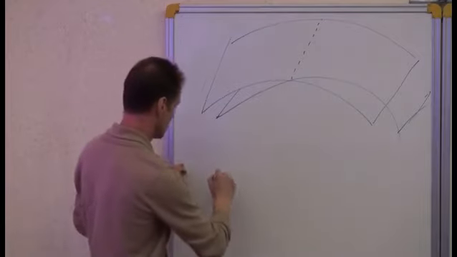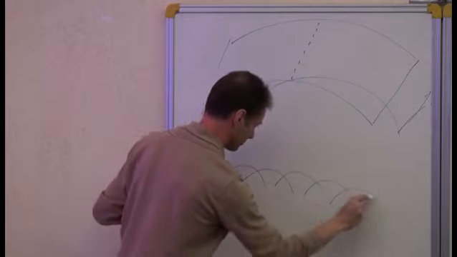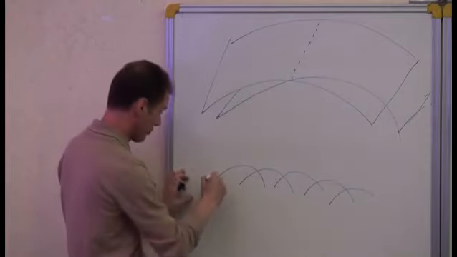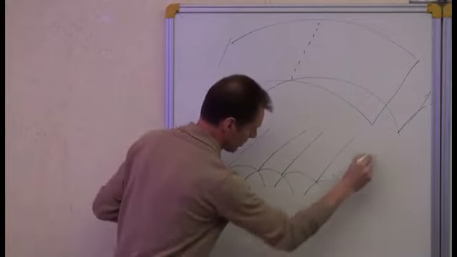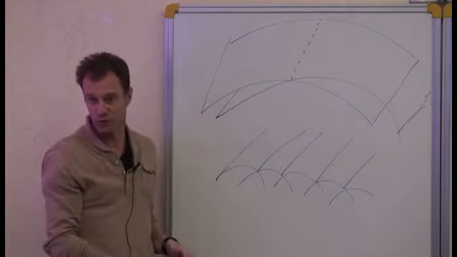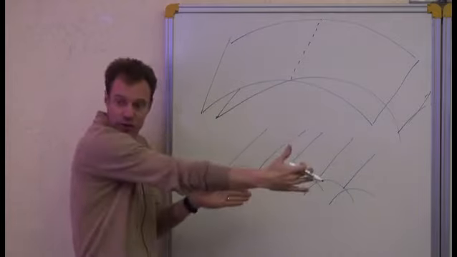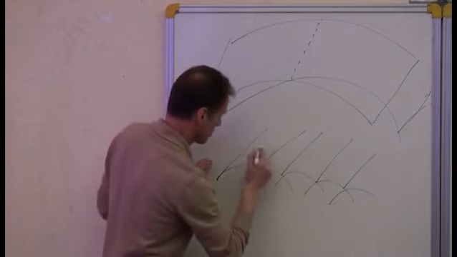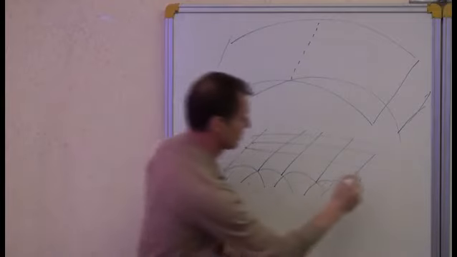Yeah, so I can take a number of surfaces like this. And then if you look at this from above, it's going to look something like this. So these are the intersections between two such surfaces. And now I can do the same thing, but rotate, and actually cut everything like this.